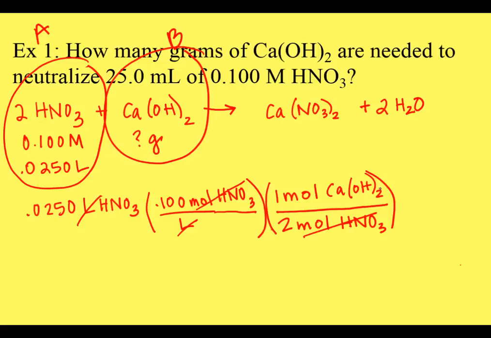The last step on our stoich diagram, since we're at moles and it asks for mass or grams, I need to use the molar mass of calcium hydroxide. If you use your periodic table, you'll find the molar mass is 74.0946. And that is grams for every 1 mole.